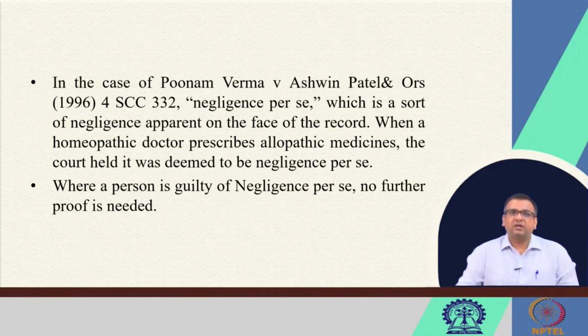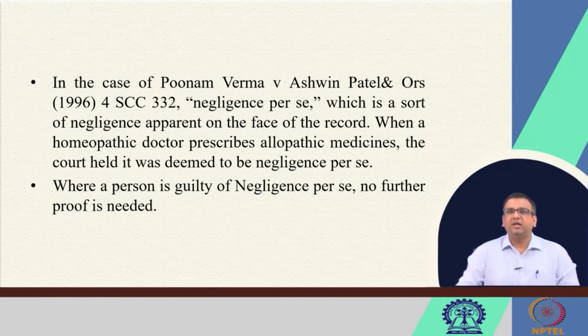In the next case, Poonam Verma versus Ashwin Patel and others, 1996, Supreme Court Cases 332, it says negligence per se, which is a sort of negligence apparent on the face of the record. When a homeopathic doctor prescribes allopathic medicine, the court held it was deemed to be negligence per se. How can a homeopathic doctor prescribe allopathic medicine?